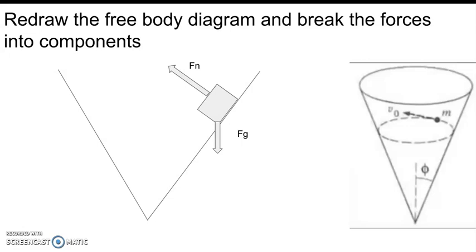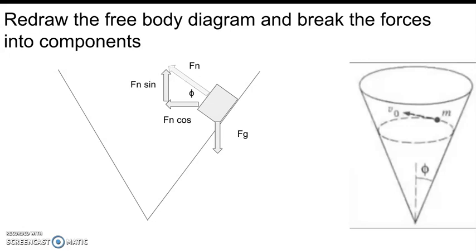Force normal, however, is at an angle, so we need to break it down into its components. This is the angle phi, and so we can break the force normal down into an x and a y component, where the component adjacent to the angle phi will be the cosine, and the component opposite the angle phi is sine.